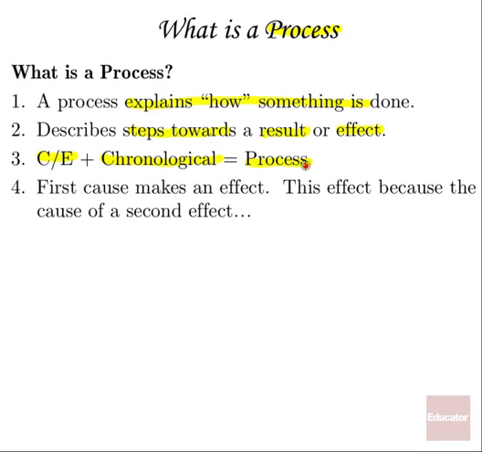You will have process organization. Finally, one thing you can think of is that first cause makes an effect, and then this effect is because of a second cause, and then there's a second effect, and so on and so on. There's a chain of cause and effect that happens.